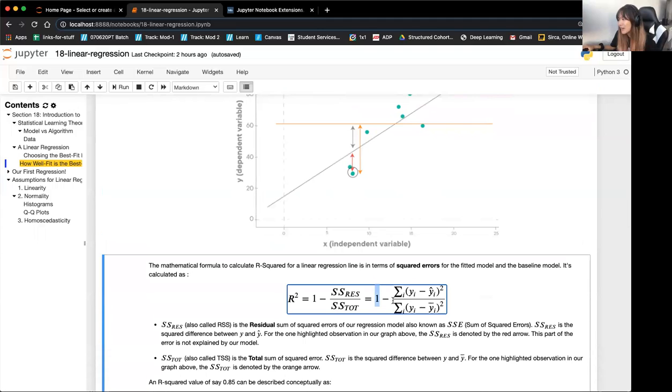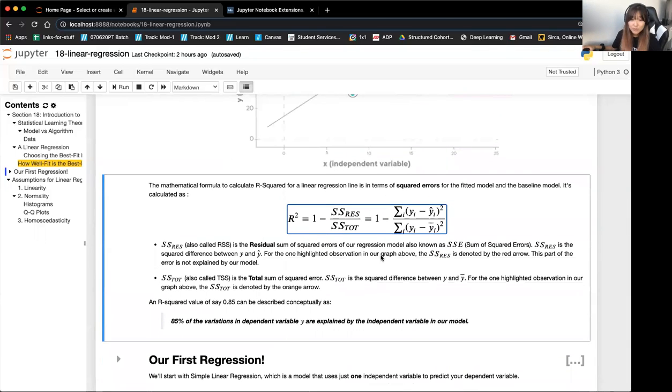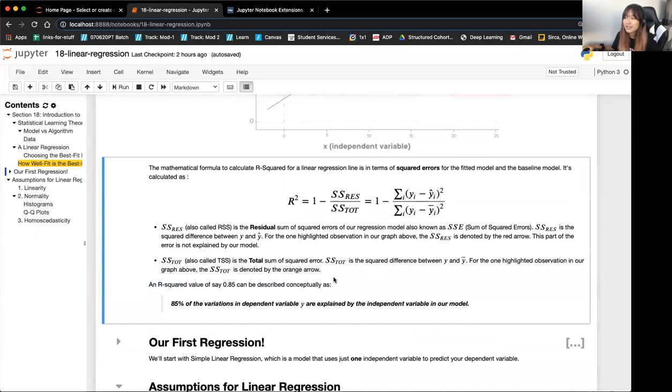Then you just take 1 minus that, and you'll get a value between 0 and 1. An R-squared value tells you how well your model is fitting the data. This is an interpretation that I expect to see in your projects. An R-squared value of, say, 0.85 can be described conceptually as 85% of the variation in the dependent variable y being explained by the independent variable in our model.